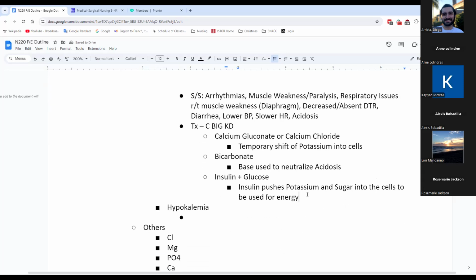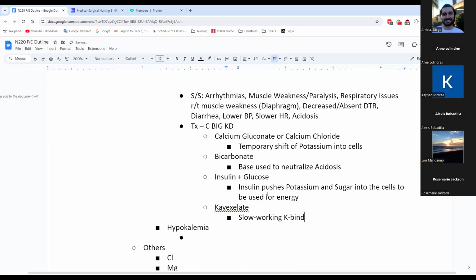You have K for Kayexalate. I thought it was a laxative, but I guess it's more of a slow working potassium binder that helps to remove potassium through feces.